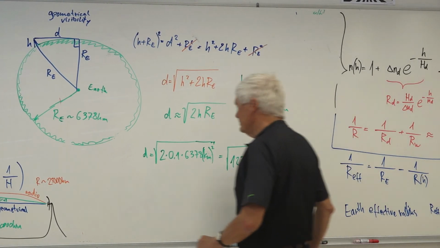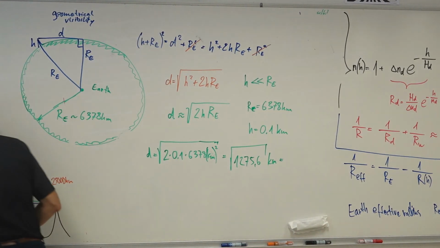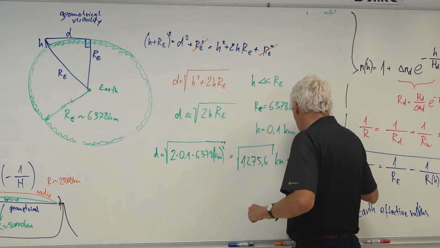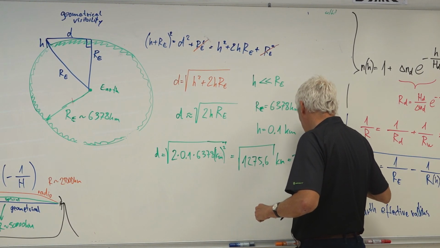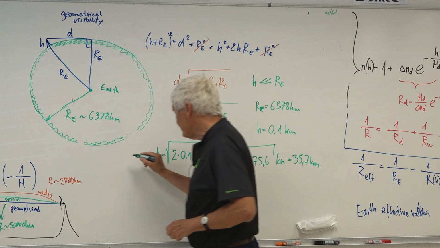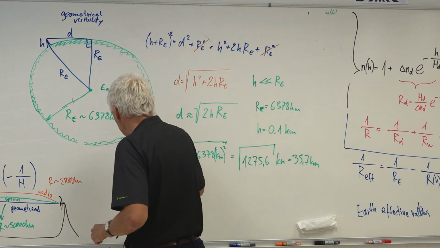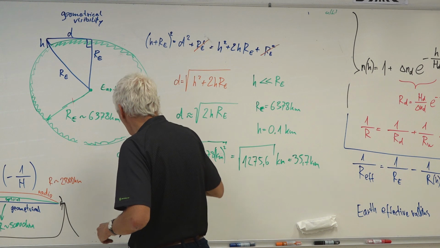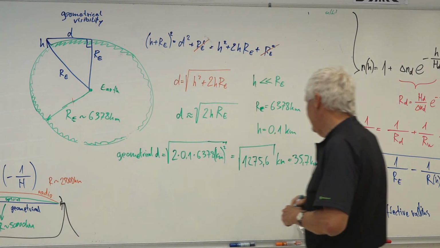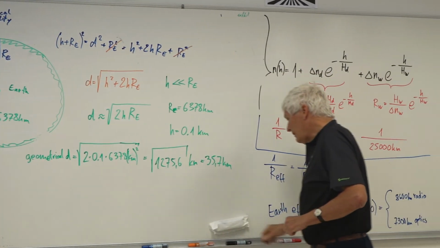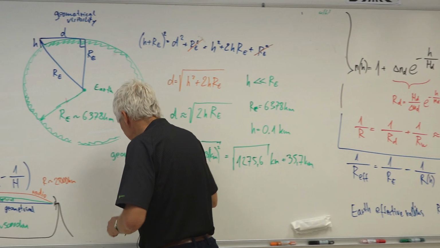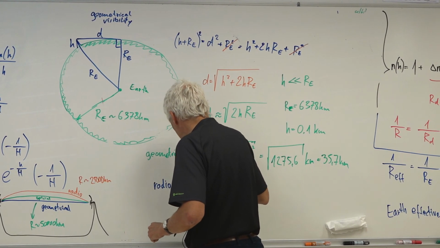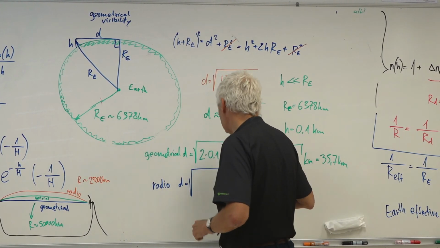35.7 kilometers. But this is geometrical, with no refraction. Now let's look at what happens with radio. I use the same formula, I just plug in a different value for the radius of the Earth.